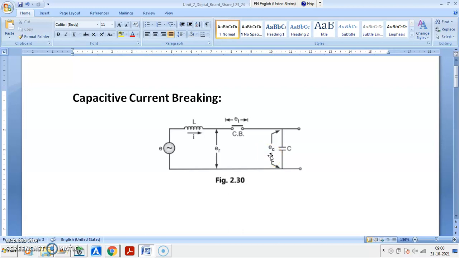You have the circuit breaker, and the circuit breaker still carries the normal sinusoidal voltage, that is ER, the voltage across the circuit breaker. So let us consider the instant at a time t, in another diagram.